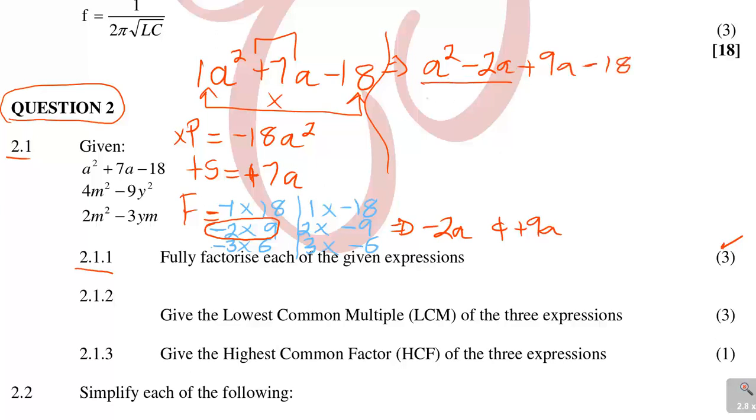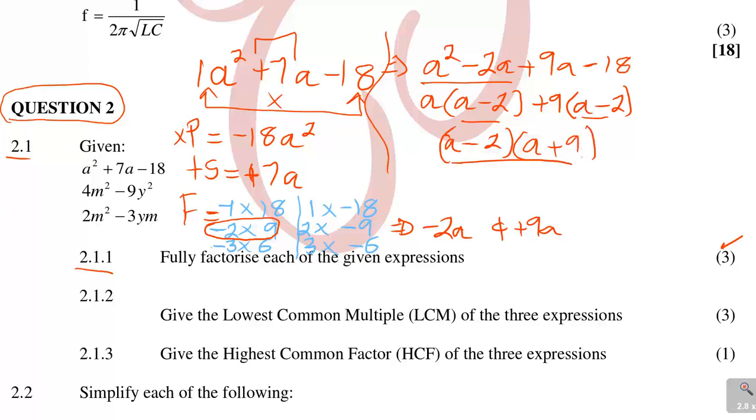And looking at the first 2, a is common. It is a minus 2, and then 9a minus 18, 9 is common, which is a. 9 into 18 is negative 2 there. So when I've got these matching, it means I'm factorizing correctly, which is a minus 2 and a plus 9.